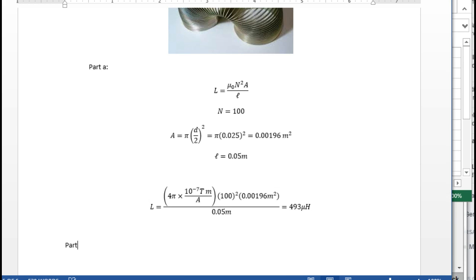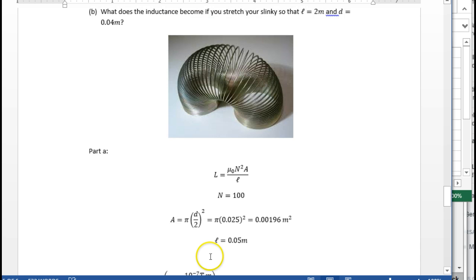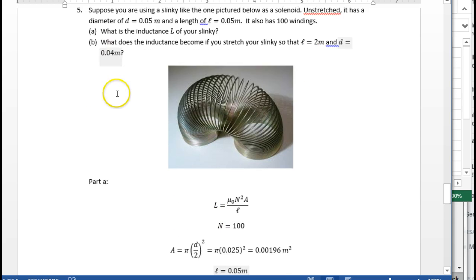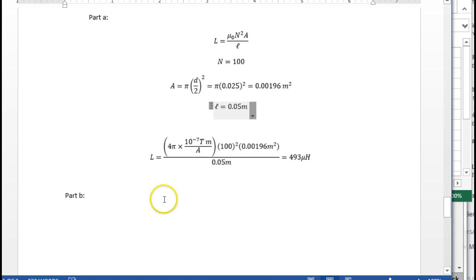That's part A. Part B, we change the geometry, but nothing else, right? So we stretch this slinky to 2 meters, and the diameter goes down to 0.04 meters. So now we have an area equal to pi times 0.04 over 2 squared.